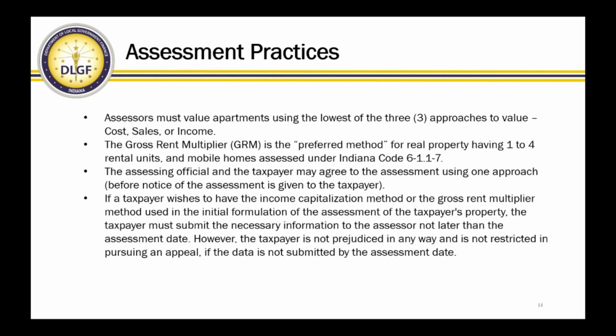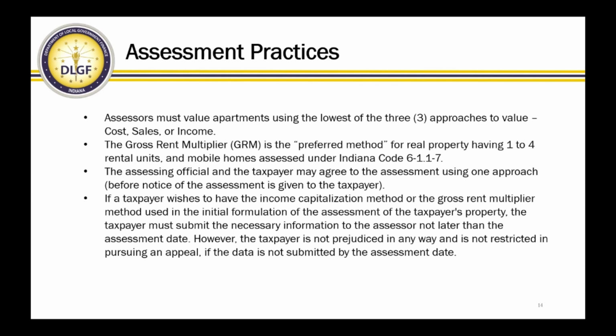So how do we take those Indiana Code provisions and put them into practice, so to speak? This will be a restating or simplifying of what's in the Indiana Code. Sometimes you read the Indiana Code and it seems hard to understand, so I tried to make it as simple as possible.